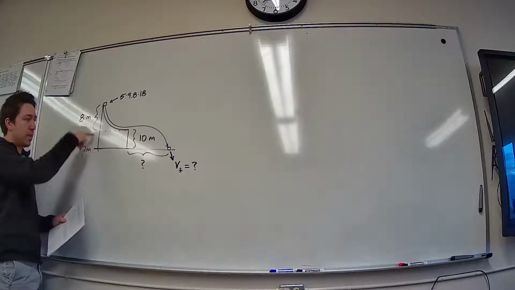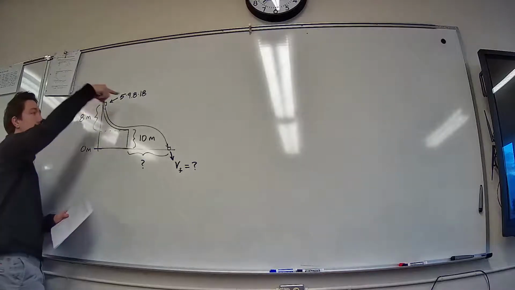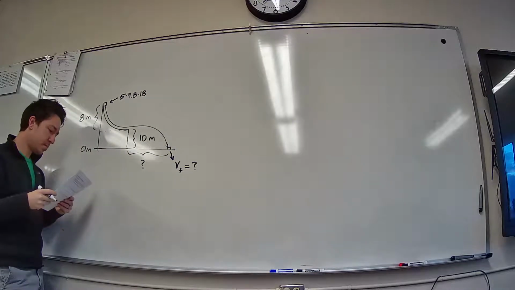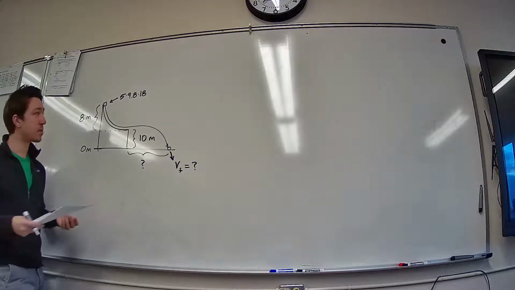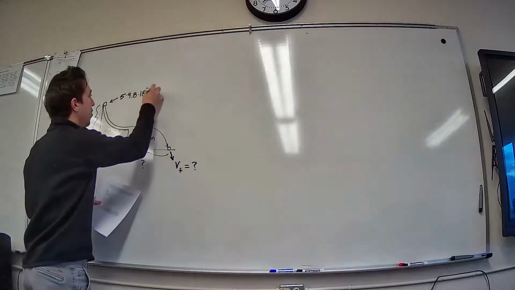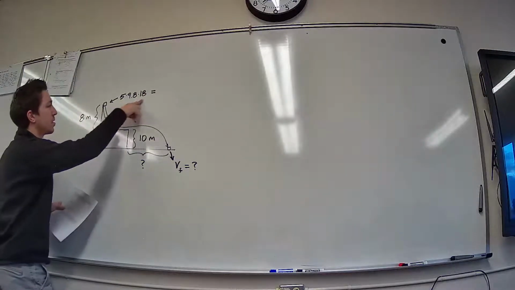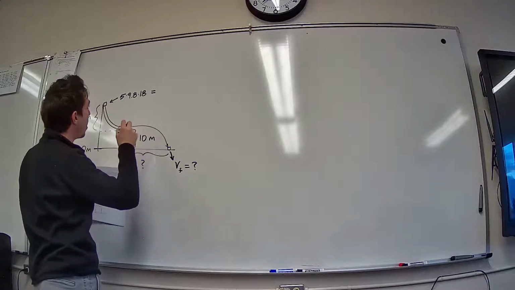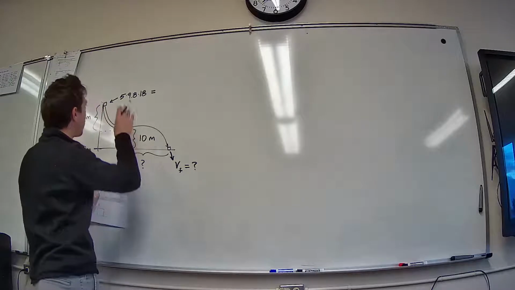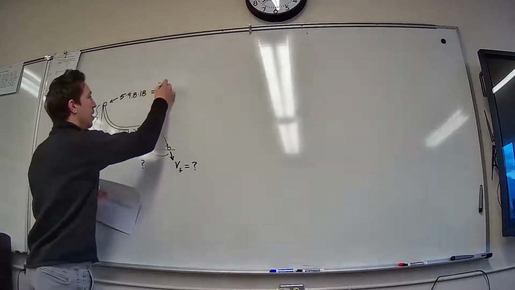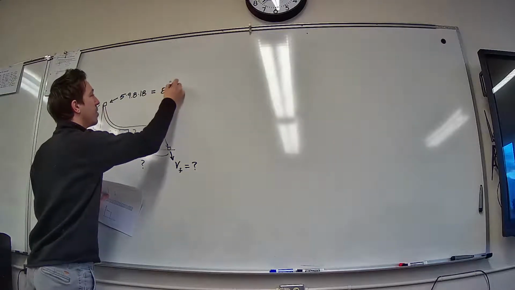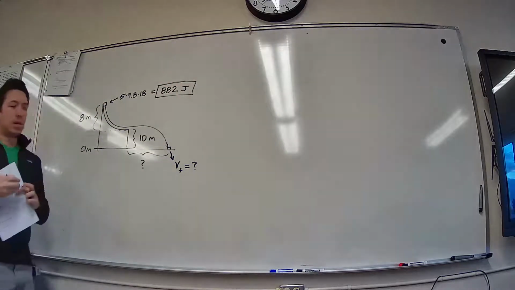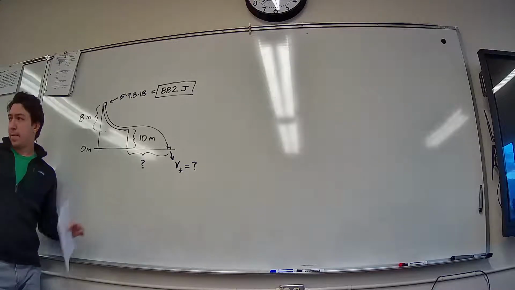So the ground is 0, this is 10, this is 18. So mgh. Does he start off with any speed? It says initially at rest. So can someone calculate that for us? 882 joules. Okay, so we feel okay about that?